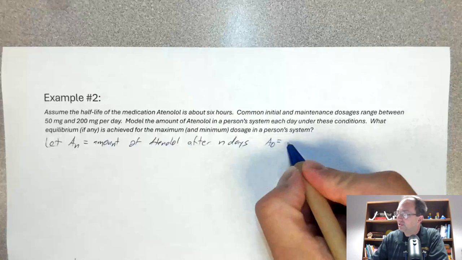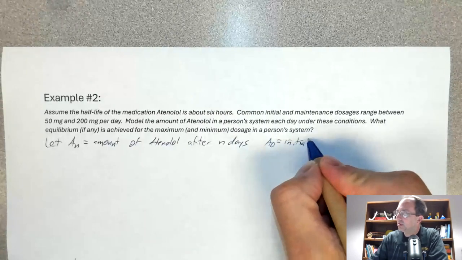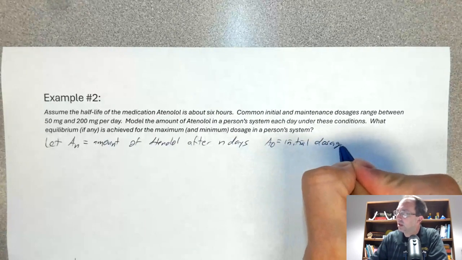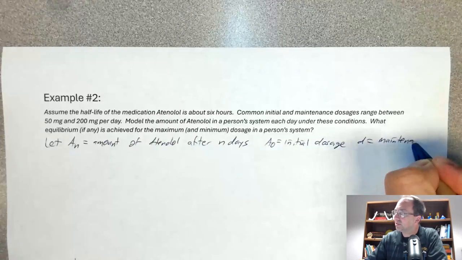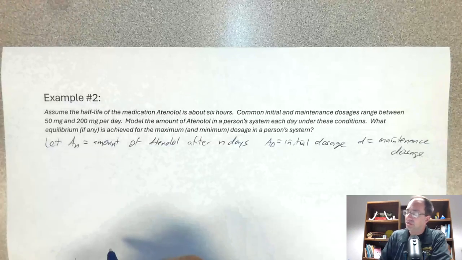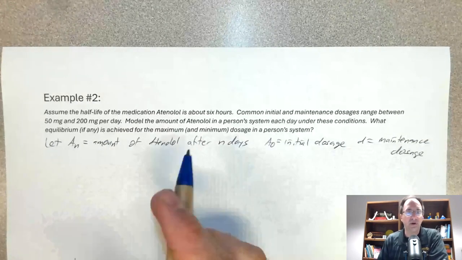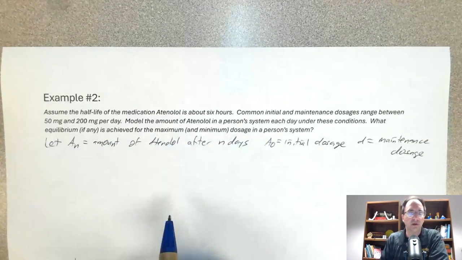A naught will be the initial dosage, and D is the letter we'll use for maintenance dosage. And so we're interested in how these variables affect our overall level of the medication in our system.